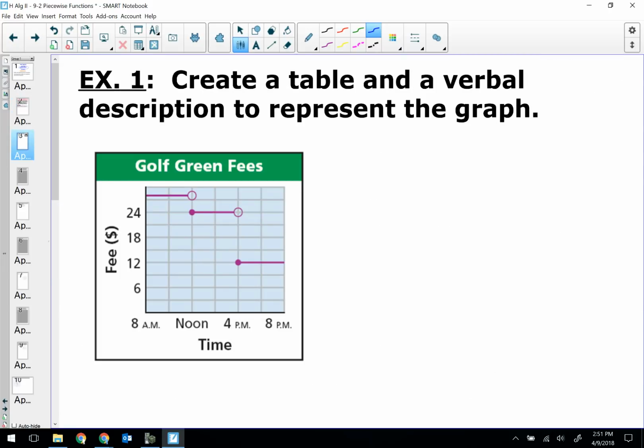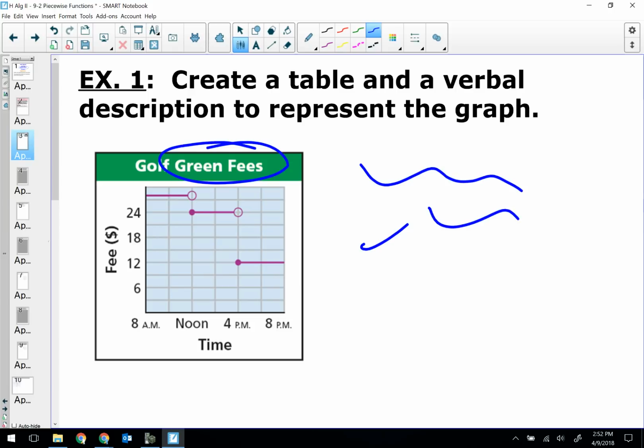So think about this. For any of you golfers out there, greens fees is basically the price to go golfing, right? So say you go to a golf course. They're going to charge you a different price based on the time that you start golfing. Really, I'm just going to talk through this, because creating a table and a verbal description, I could write out my verbal description, but we'll just talk about it.